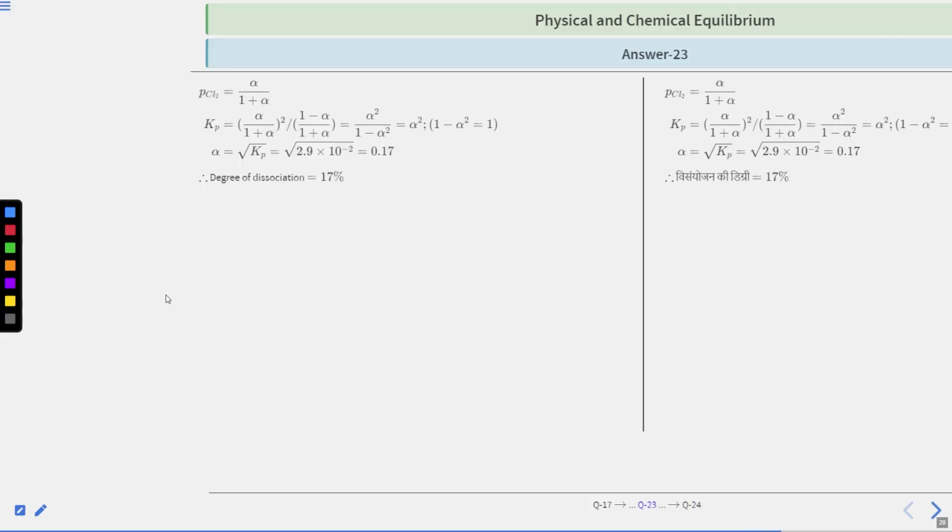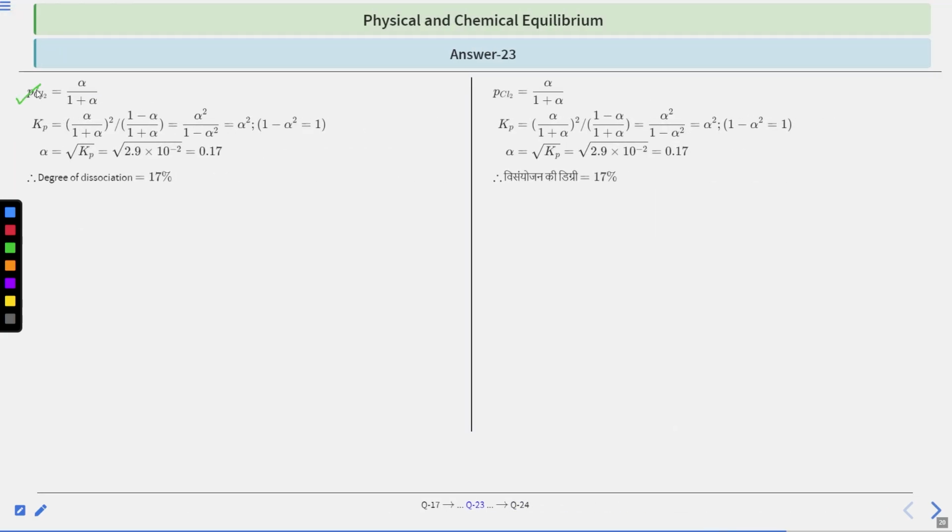Now for Cl2 we have alpha divided by total moles 1 plus alpha, and now we will calculate the Kp, which is equal to product upon reactants. As the products are Cl2 and SO2, so alpha divided by 1 plus alpha to the power 2, because pressure of Cl2 and pressure of SO2 are the same, divided by the pressure of SO2Cl2, which is 1 minus alpha upon 1 plus alpha.